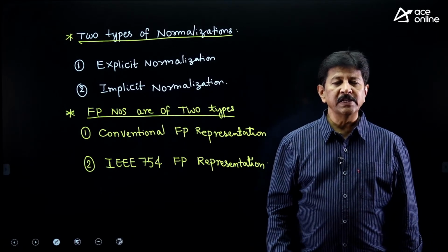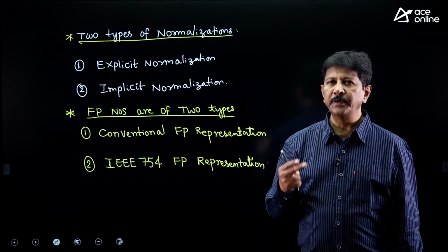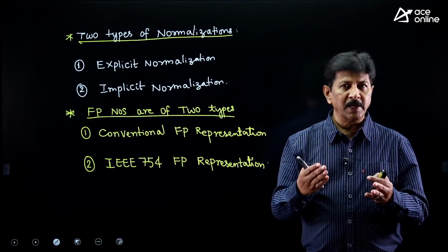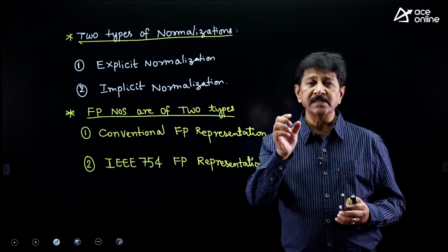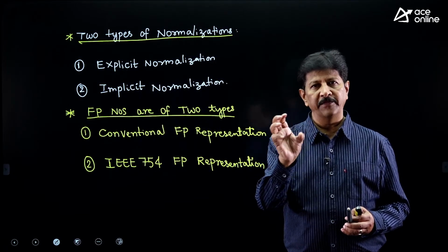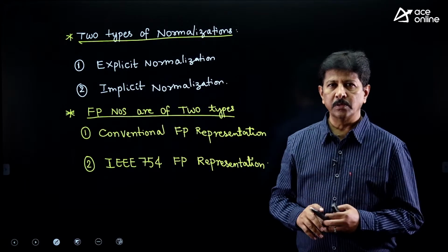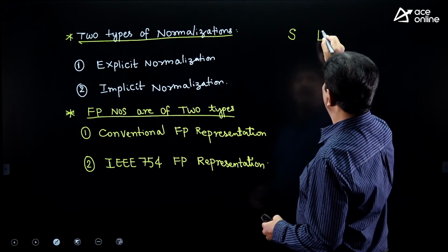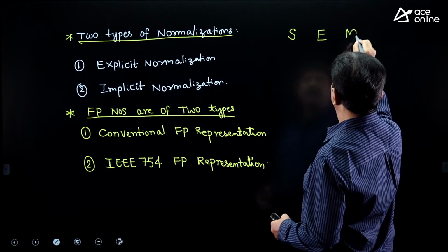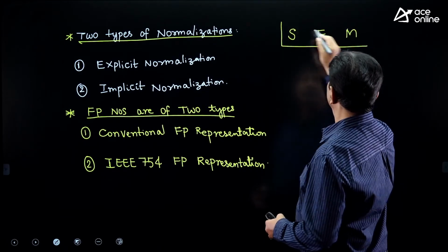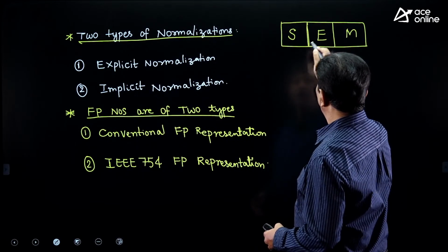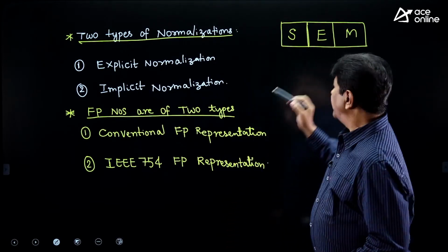Okay, so in floating point numbers, we are going to use two types of normalization. We go for normalization to utilize the bits in the mantissa in an efficient manner. Any particular floating point number is going to have the form: sign, exponent, mantissa.